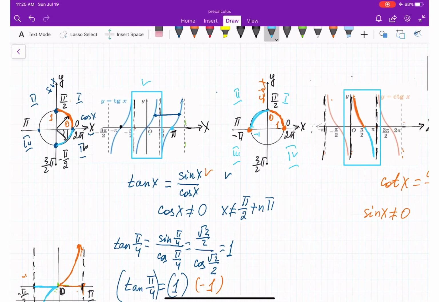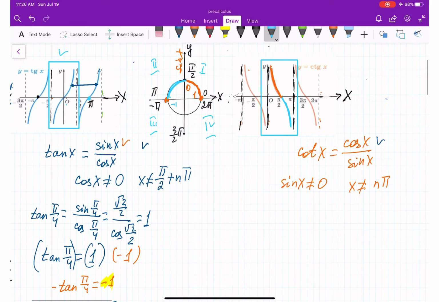Let me invite your attention. Look what's happening. Tangent is changing from negative half a pi to positive half a pi. Cotangent is changing from 0 to pi. So it looks like tangent and cotangent are shifted from each other by half a pi. We will explore this in further upcoming videos.